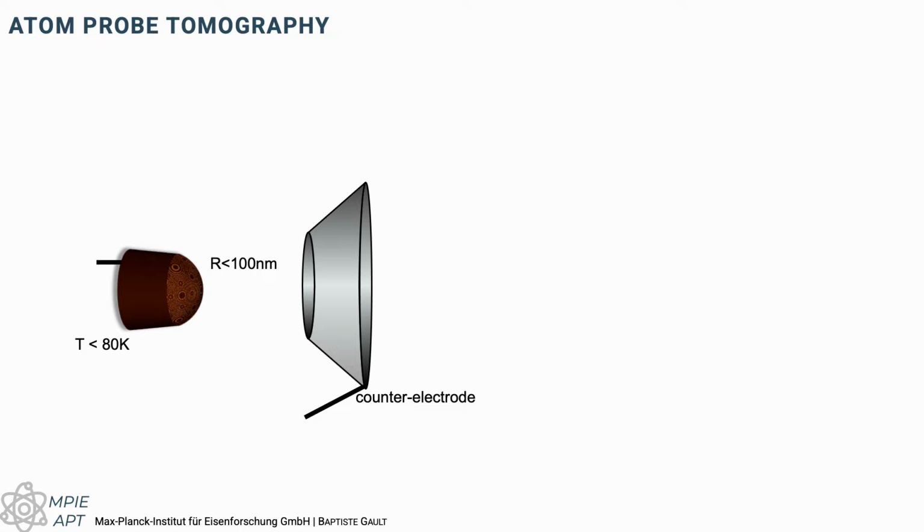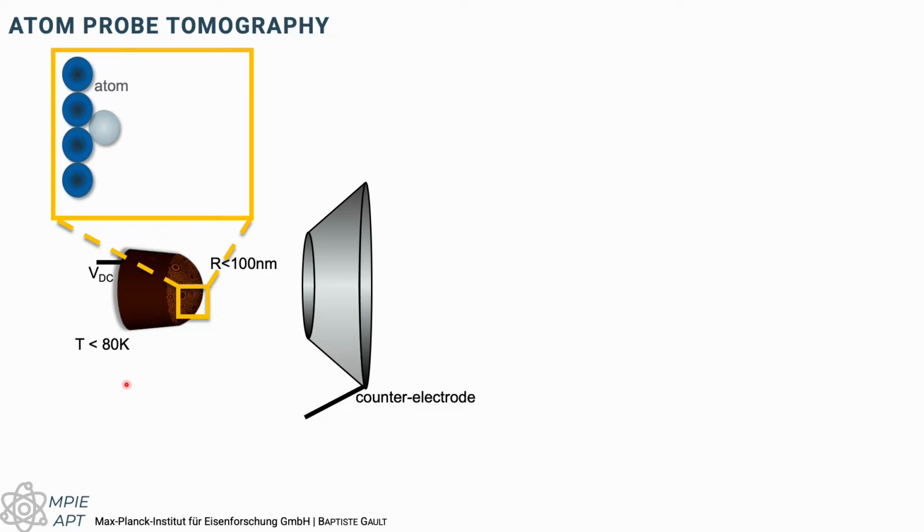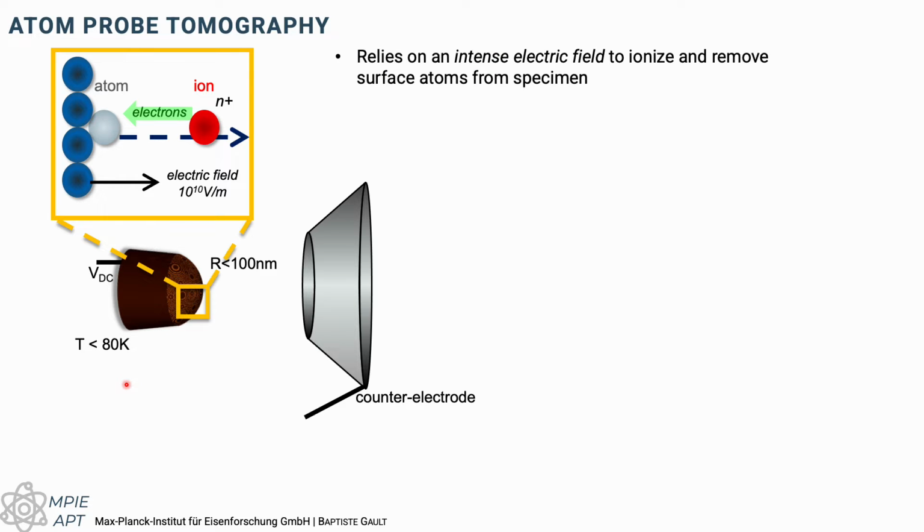What is atom probe tomography? In atom probe, it's a technique in which we have a specimen shaped as a sharp needle. The sharp needle here is subjected to a high voltage and maintained at low temperature, typically a few tens of Kelvin. At the apex of the needle, on the surface, the atoms that are subject to a high electric field induced by the DC voltage can turn into ions and hence be repelled away from the surface because of the effect of the intense electric field.